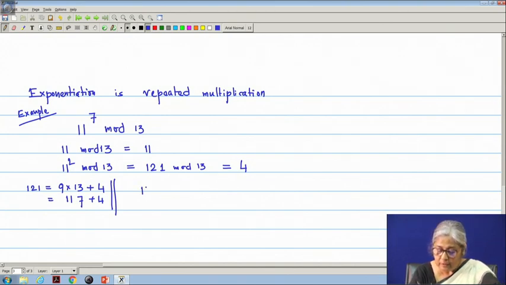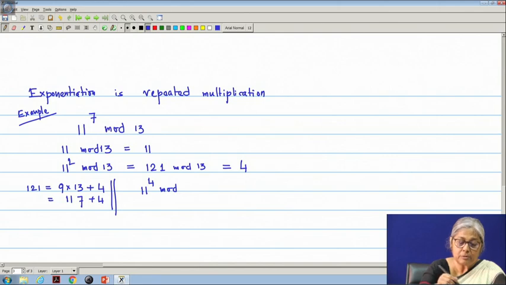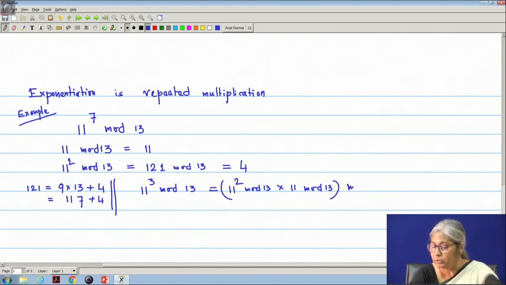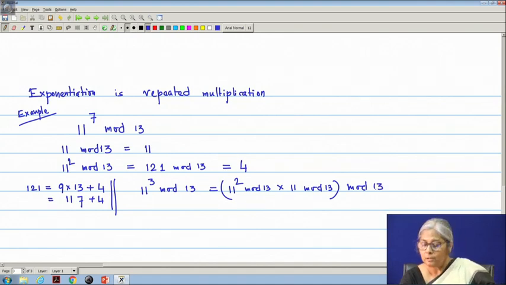So, first I take 11 to the power cube, 11 to the power cube modulo 13, which is the same as 11 square modulo 13 times 11 mod 13, all mod 13, just the rule of that modular multiplication.